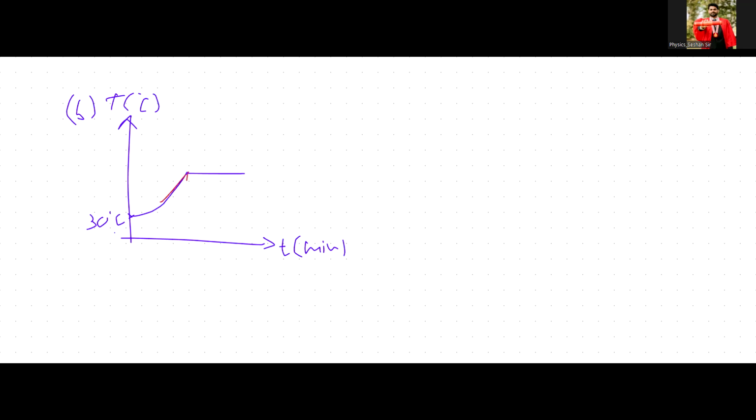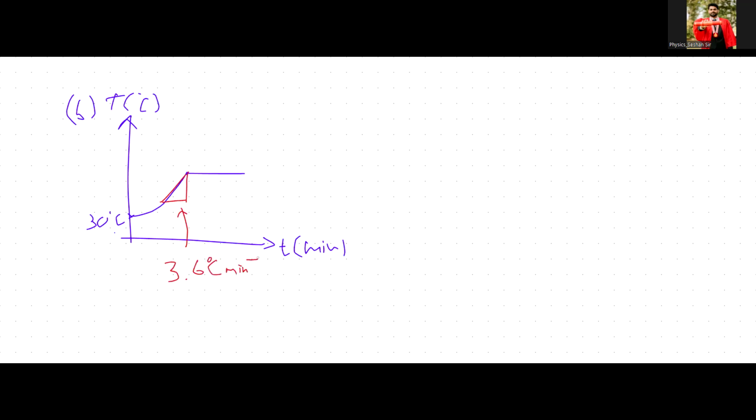They said the gradient at this point is 3.6, Celsius per minute.